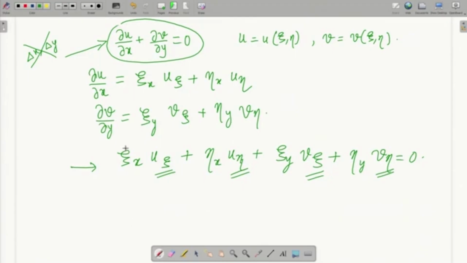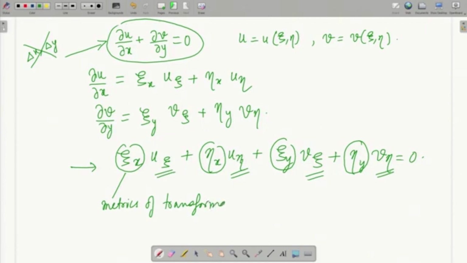The problem remains of how you would calculate these parameters, which are often called metrics of transformation. We will discuss more on this in the next lecture.